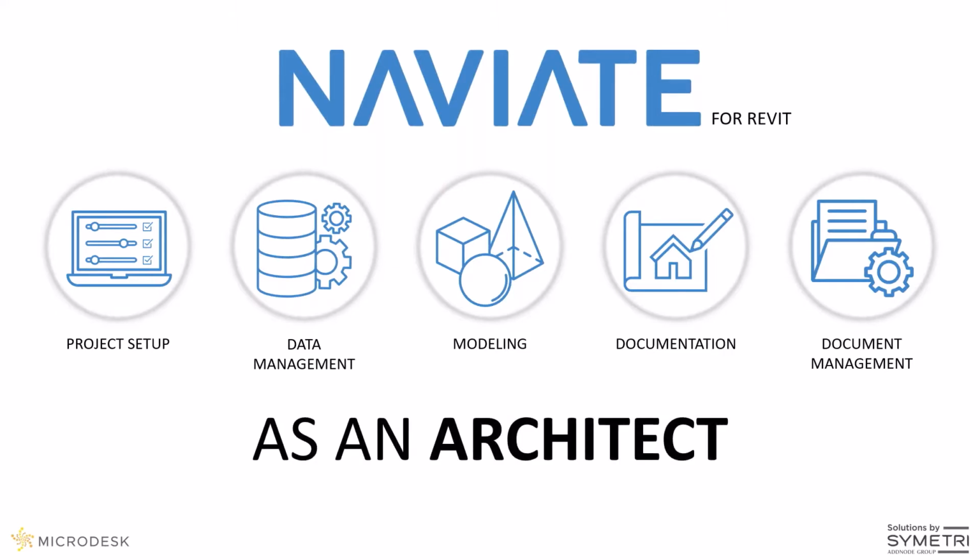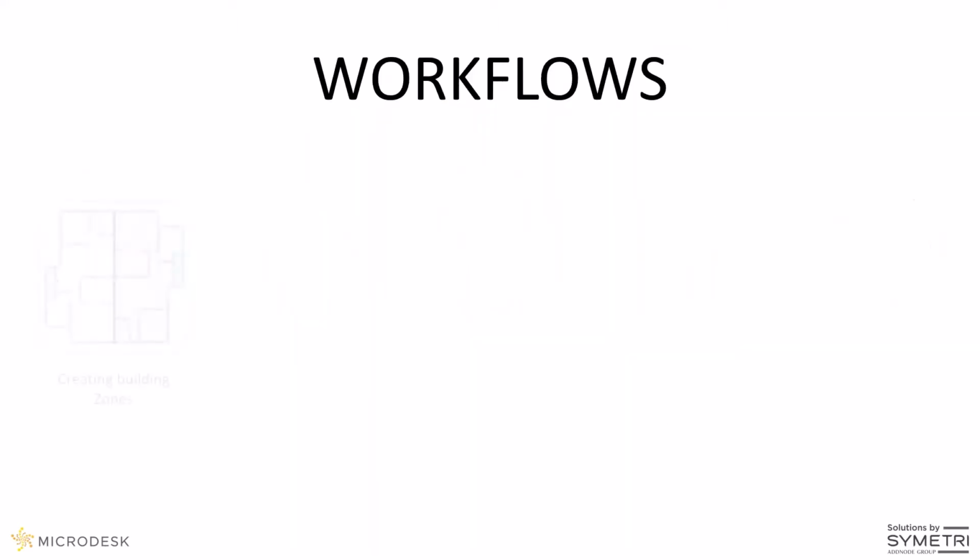Today, we're going to cover Naviate as an architect. We also have products for other disciplines, but as an architect, I'm going to use the Naviate for Architecture products and show you architectural workflows that help to streamline different aspects within Revit.